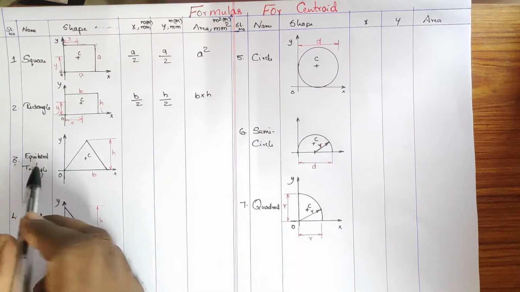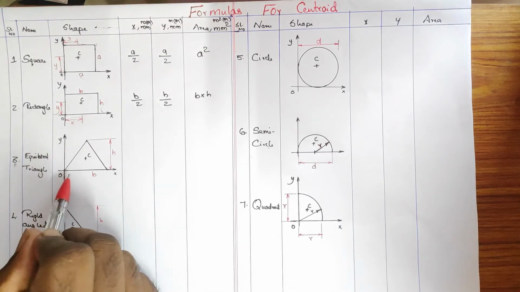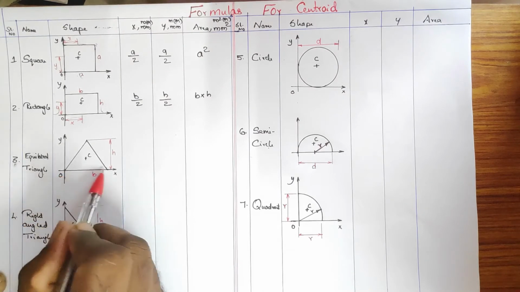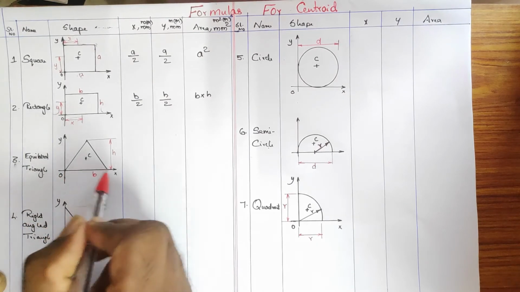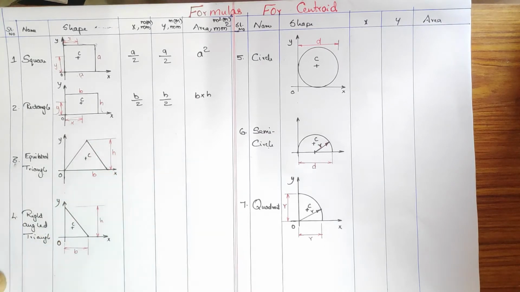Right. So move to the equilateral triangle. For the equilateral triangle, I have taken the bottommost side as B and the entire height of the object as h.